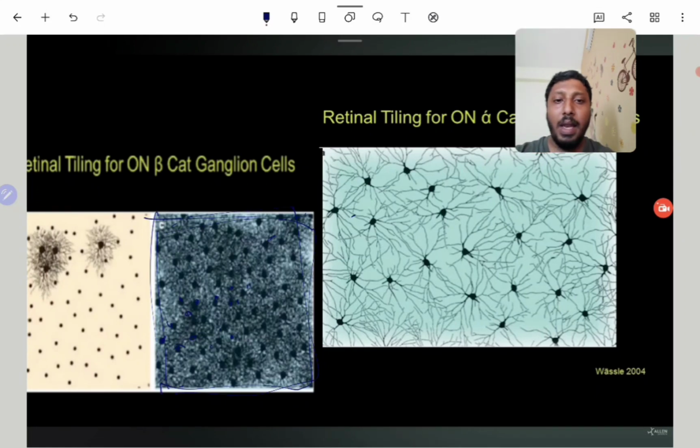Okay, and some cells have long dendrites, and the receptive area is very, very large. The point is that the closer they are, the more details are there. The fovea, these things will be closer.